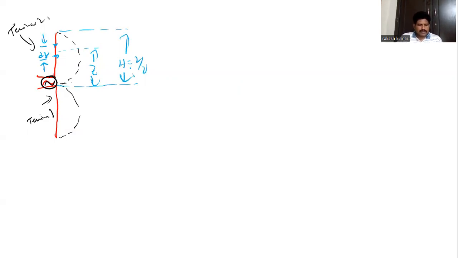So first consider the antenna as the transmitting antenna. Let ZA be the antenna impedance measured at the antenna terminals.